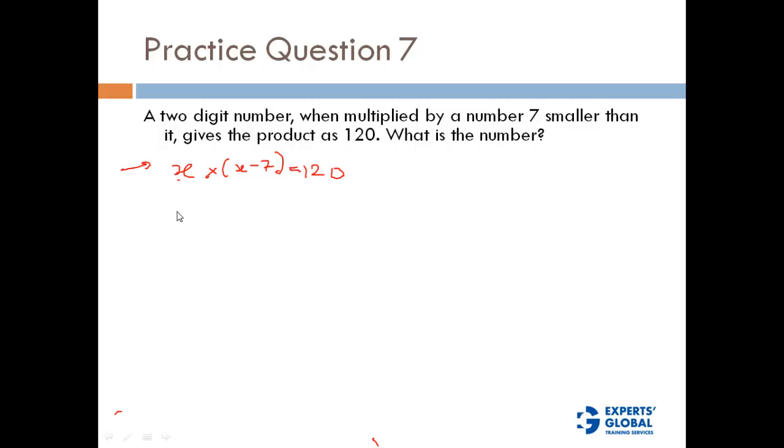Okay, so we will see that we get a quadratic equation. We get x square minus 7x is equal to 120. So that means x square minus 7x minus 120 is equal to 0.